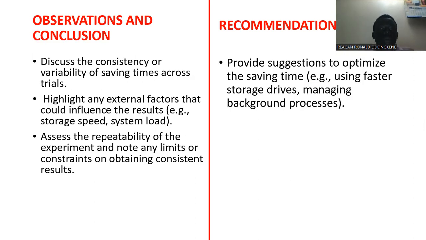Then recommendations: I suggest optimizing the saving time by using faster storage drives, such as solid state drives. They are a bit faster compared to hard drives. We also need to manage background processes. Those apps that we keep running in the background mostly tend to share memory with the program you are running.